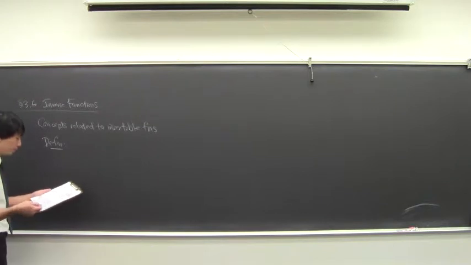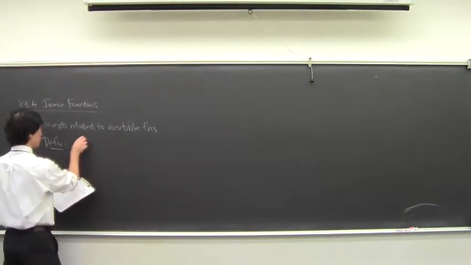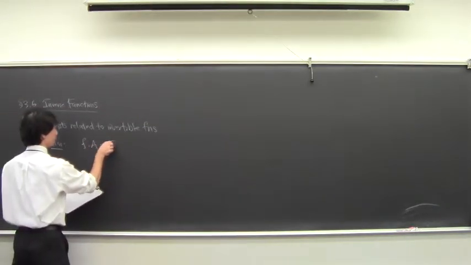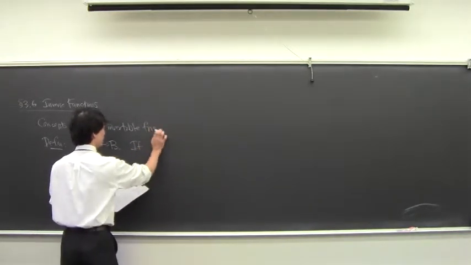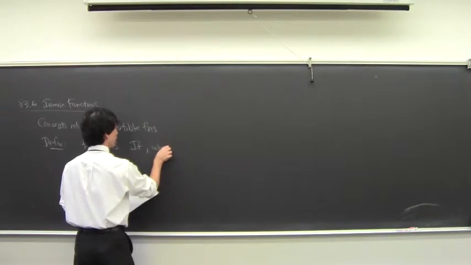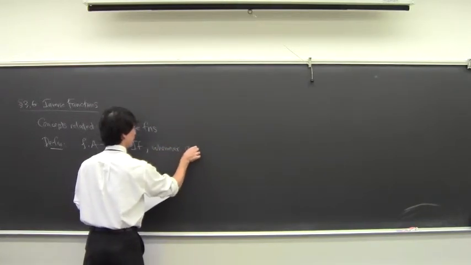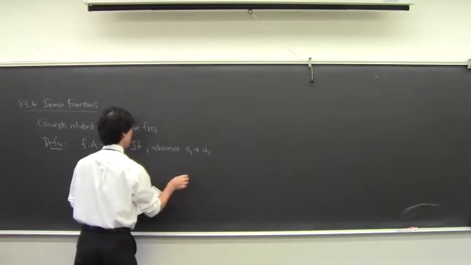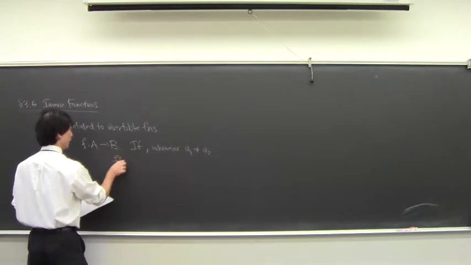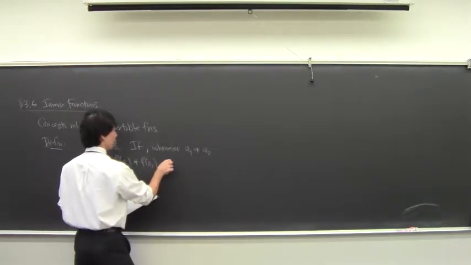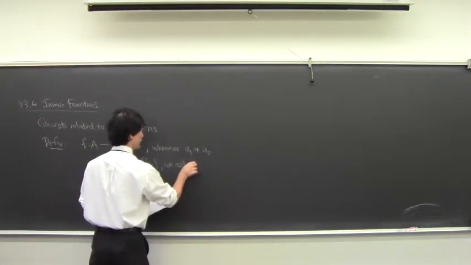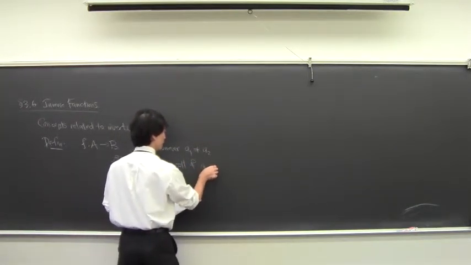It's called one-to-one. So you have a function from A to B. If whenever A1 is different from A2, f of A1 differs from f of A2, we call f a one-to-one function.